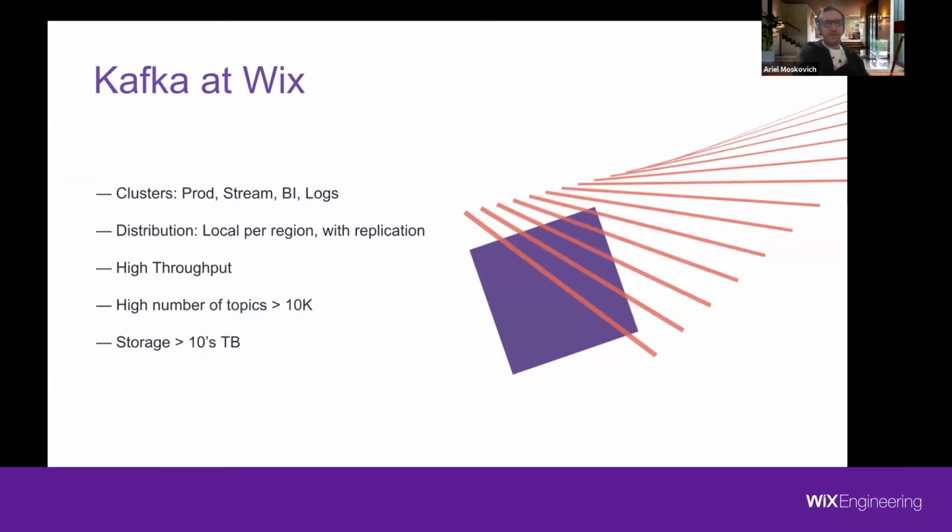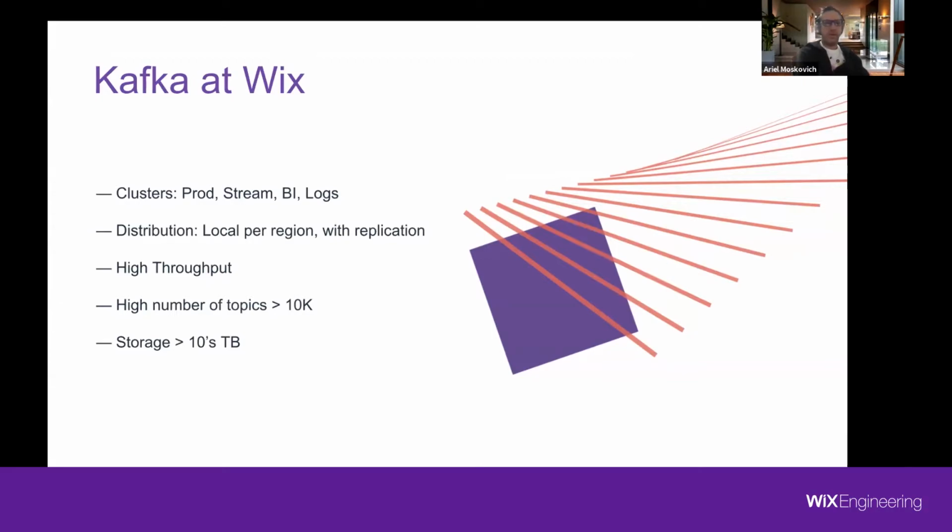So at Wix, we have several types of clusters. First, we have our production cluster, which we produce to and consume from locally in each of our regions. Those clusters are running at high throughputs and have a lot of topics, around 15K, and tens of terabytes of storage. If we include the other flavors, we probably get into hundreds of terabytes.